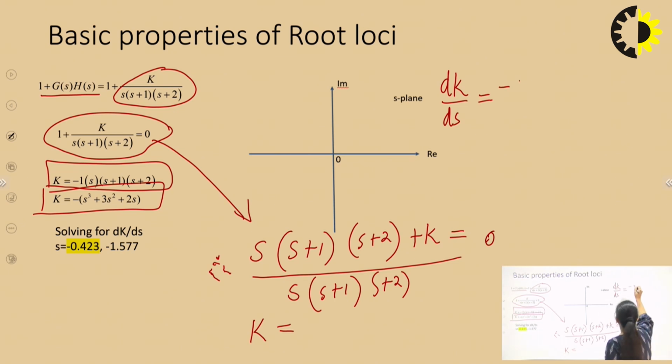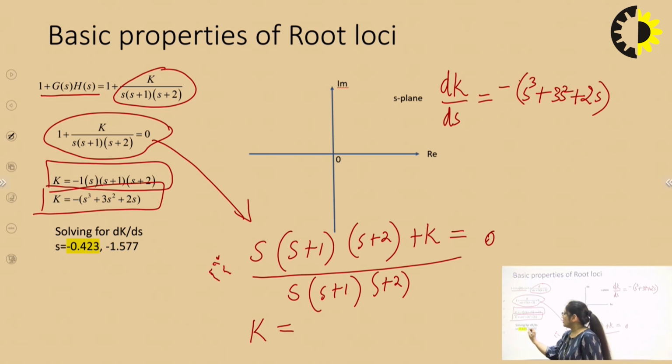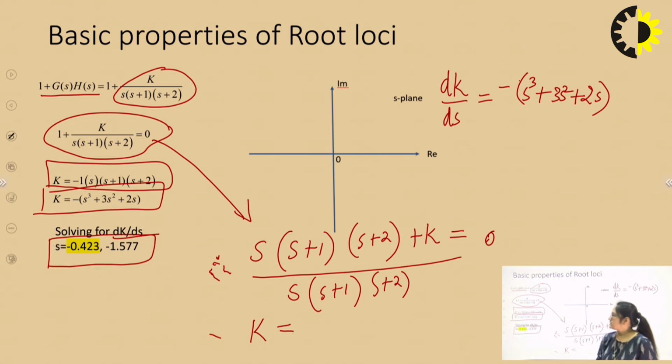So we are going to find dk by ds of minus s cube plus 3s square plus 2s. When the differentiation takes place, after solving dk by ds, the two solutions which come out are s is equal to minus 0.43 and s is equal to minus 1.57.